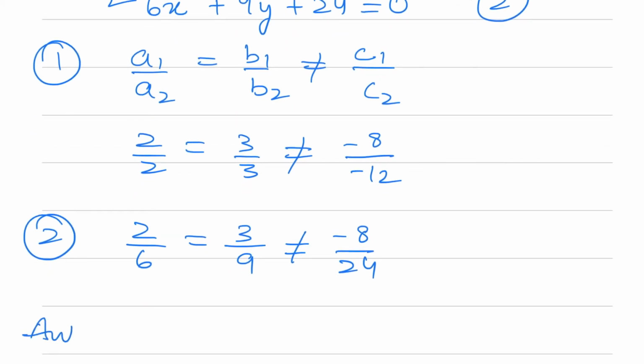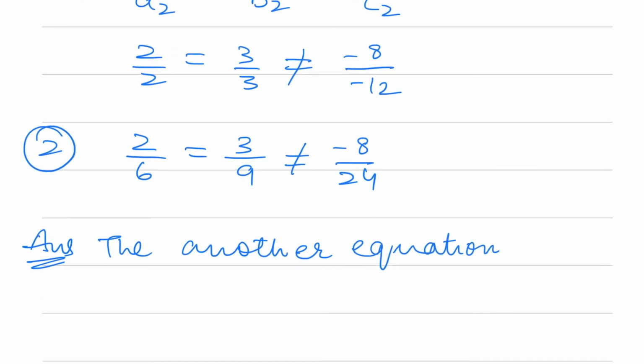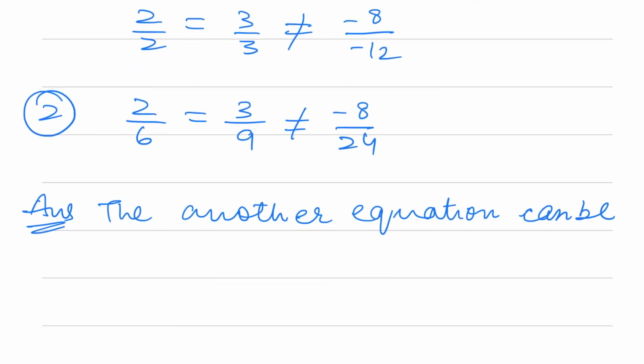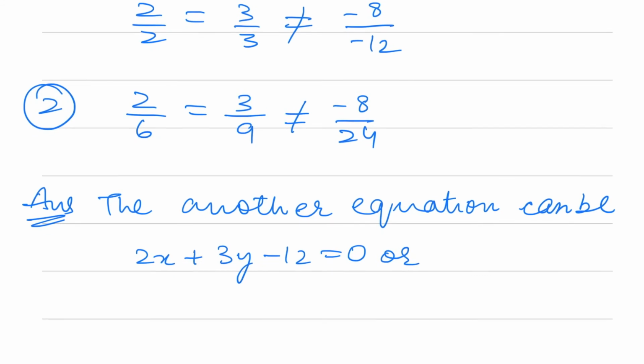So I can write down both the equations, 2x plus 3y minus 12 is equal to 0, or the second equation is 6x plus 9y plus 24 is equal to 0. So both can be my answer.